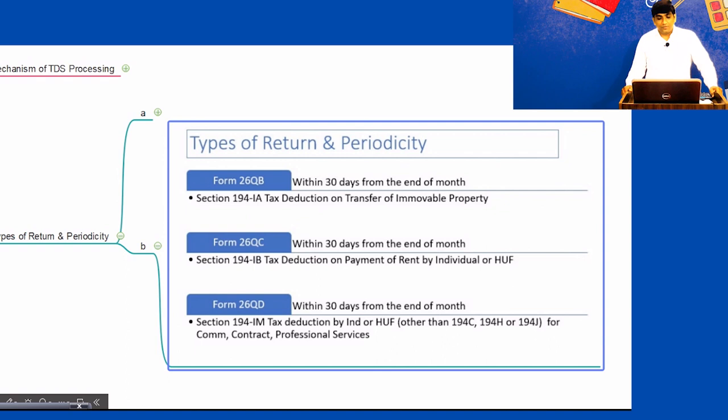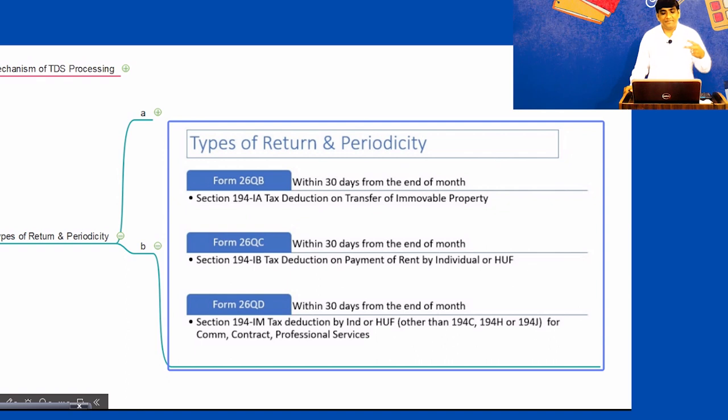Then form 26QC is for tax deduction on payment of rent by an individual or HUF. And for tax deduction by an individual or HUF on commission, contract, or professional services other than 194C, 194H or 194J, the form required is form 26QD.